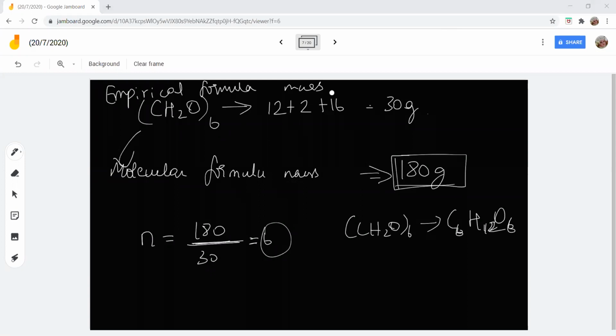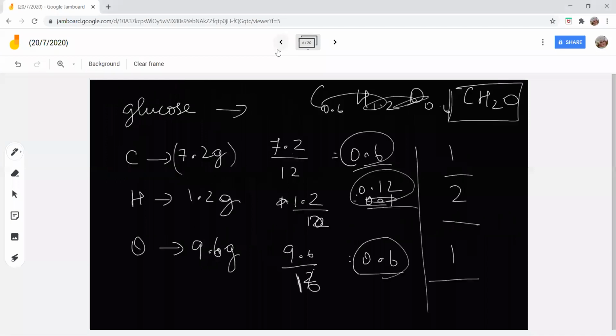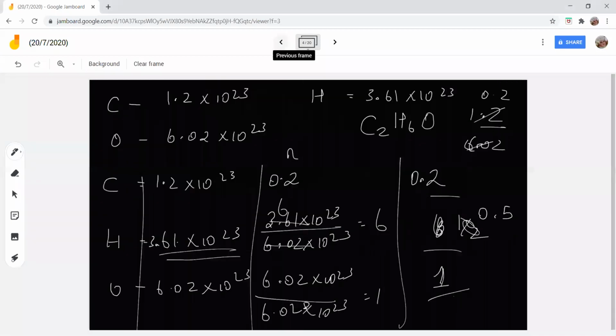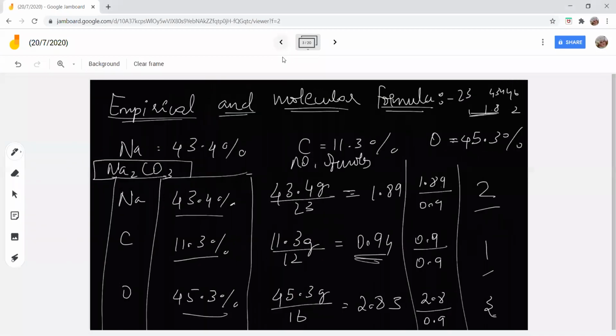You all understand what I'm trying to say? Fine. Kids, do not complicate it much. Just understand the steps of how to identify the empirical formula. In your 11th standard, you'll be studying a lot based on this. Just know what is empirical formula and what is molecular formula. Empirical formula is the simplified form of molecular formula.